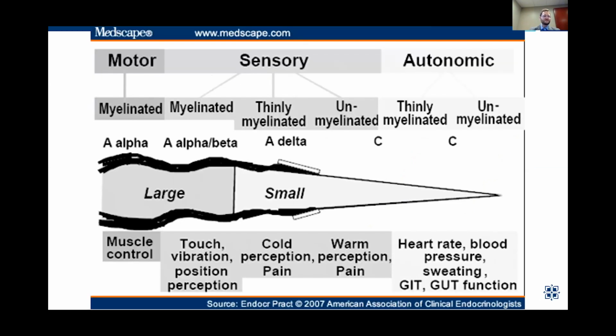So going back to what we're seeing here, essentially, the pathology is spread out amongst all different types of nerves, myelinated and unmyelinated, and what the complaints are points you towards where the pathology may be.